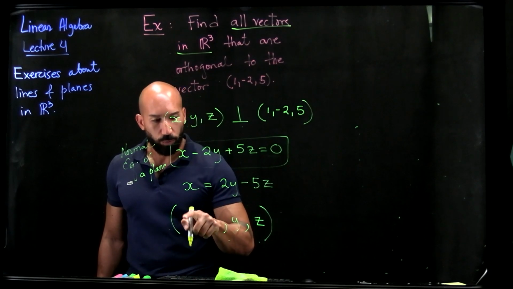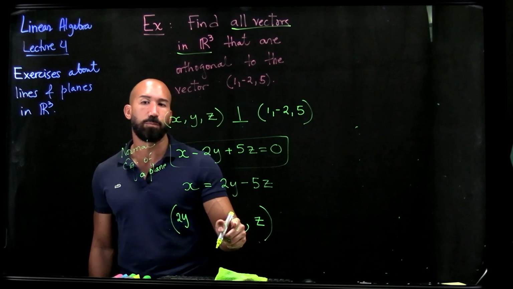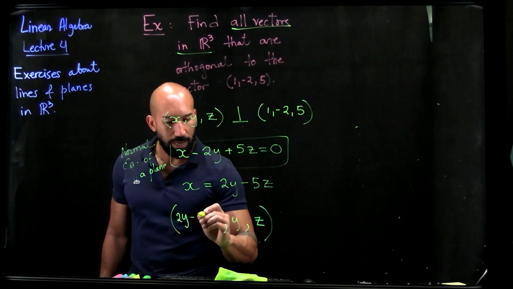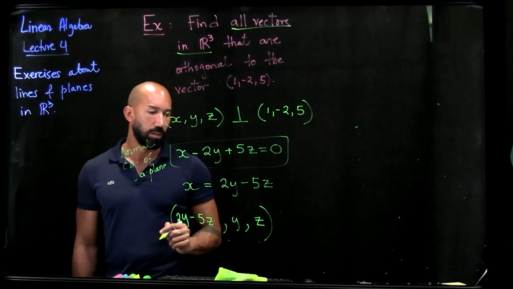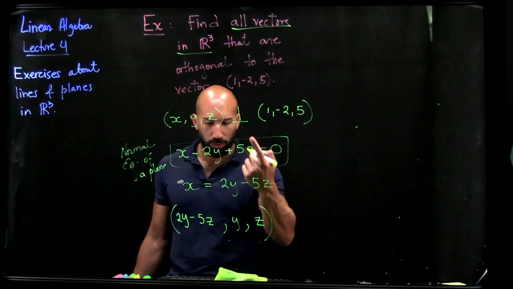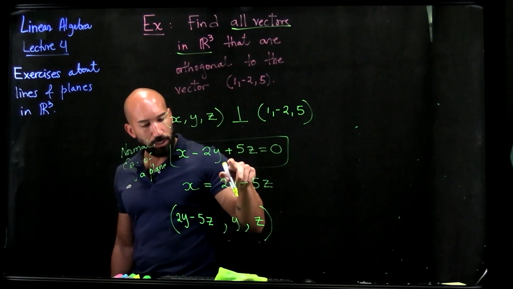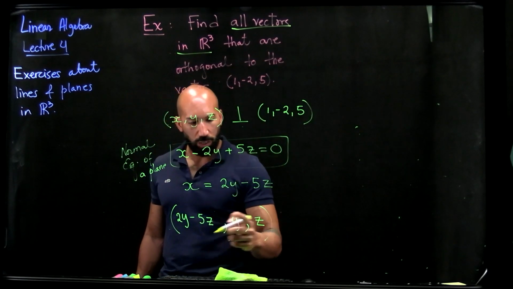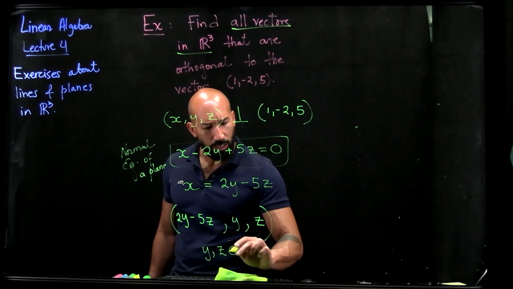So a number that is twice the number that I have put here minus 5 times the number that I have put here. So all vectors that are orthogonal to this one, which lie on this plane, can be generated using this formula, where y and z are real numbers.